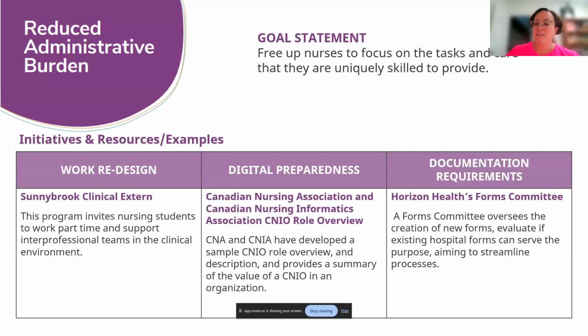This is really a means of streamlining forms. Often we are very documentation heavy in healthcare, a very risk averse sector or industry. And so thinking about how we can actually streamline processes, ensuring that we are not creating an excessive burden on providers, that organizational requirements aren't exceeding regulatory requirements. Next slide, please.